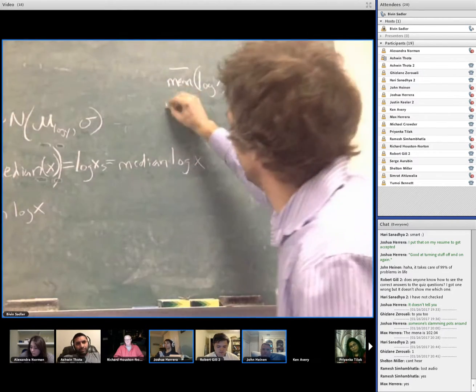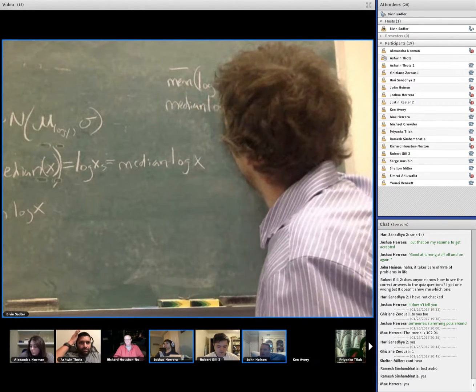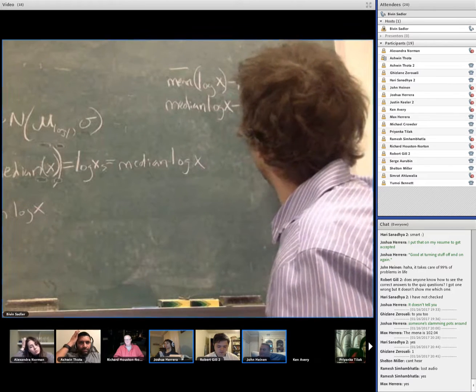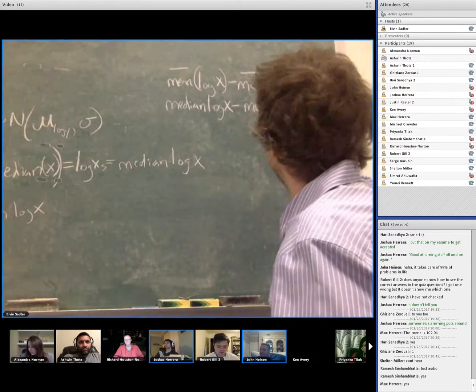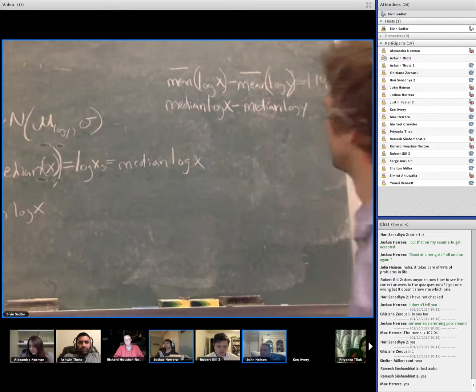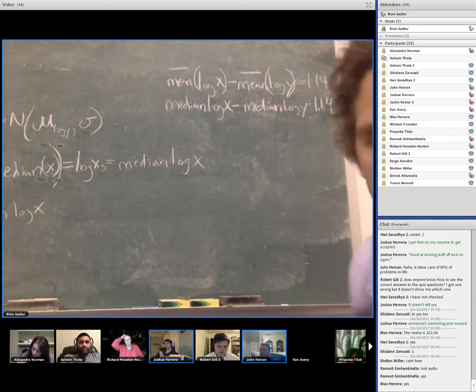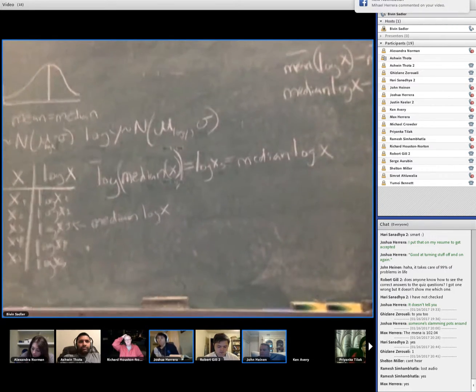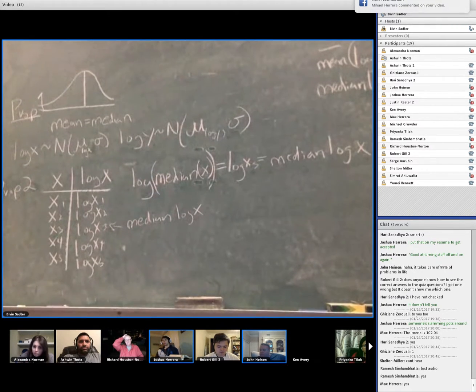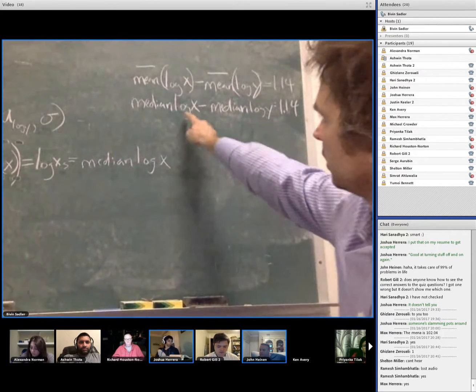And that's where I use proposition 1. I assumed that the log of x's were normally distributed, and I assumed that the log of y's are normally distributed after my transformation. So if that's the case, then the mean of the log of x's should be the median of the log of x's, and likewise for the median of the log of y's.